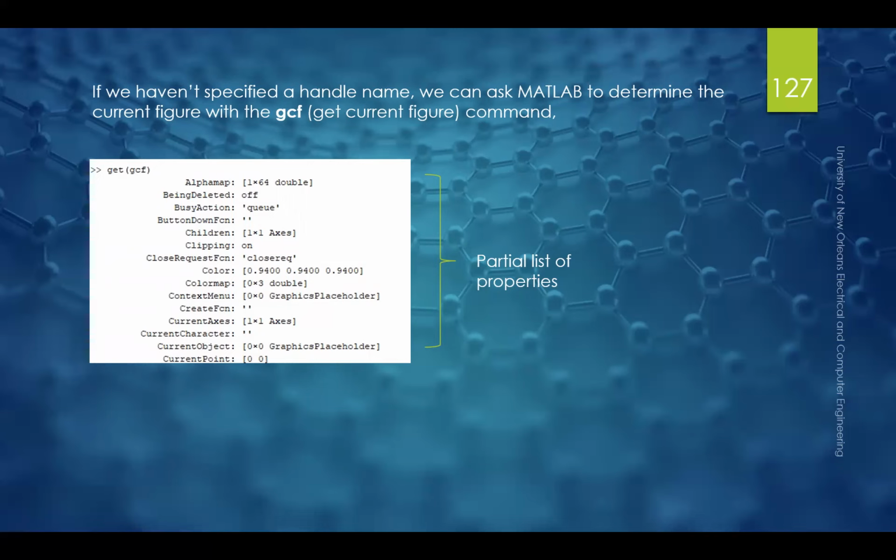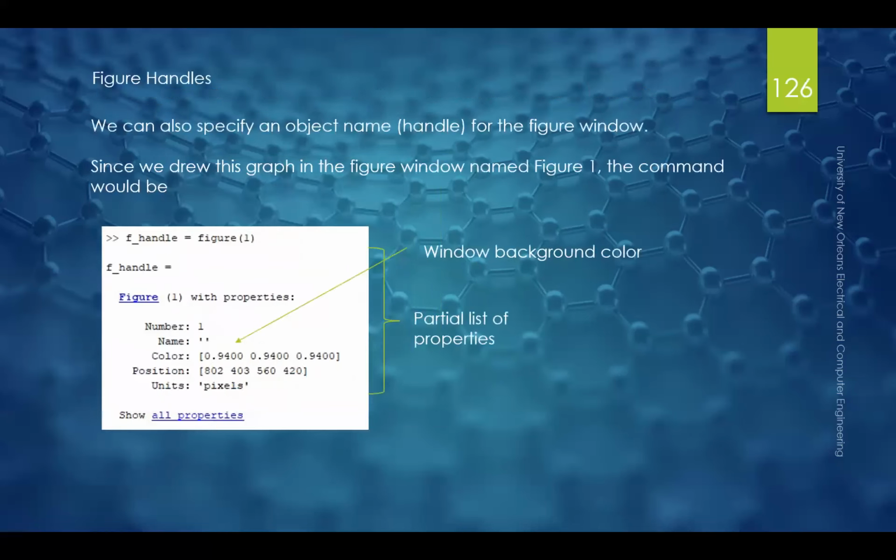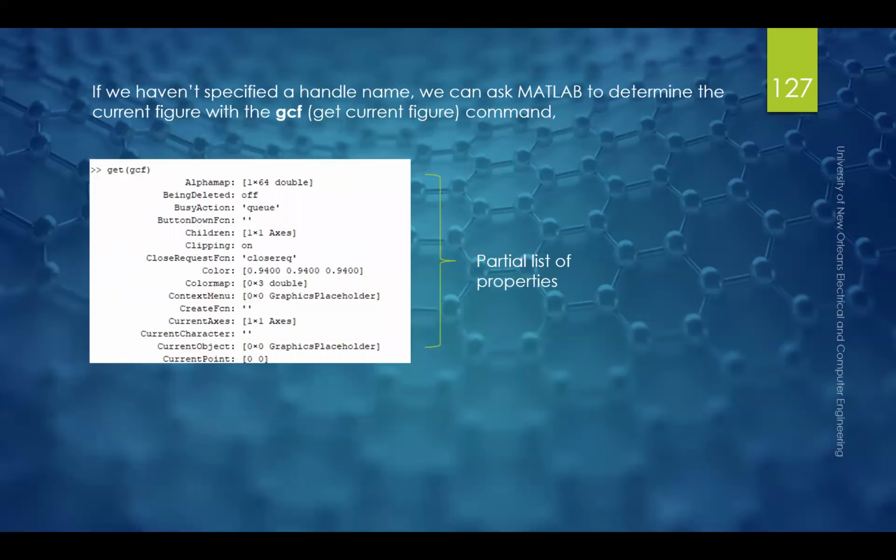Okay. So that's another way of getting it: either you give it a name like here, where the handle will be f underscore handle for that figure, or you can use the get function with the GCF command, get current figure information, and it'll display the current figure information. Okay.